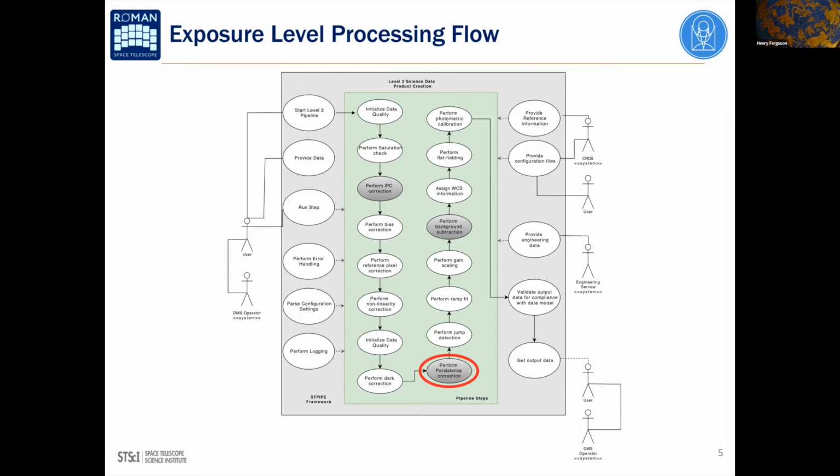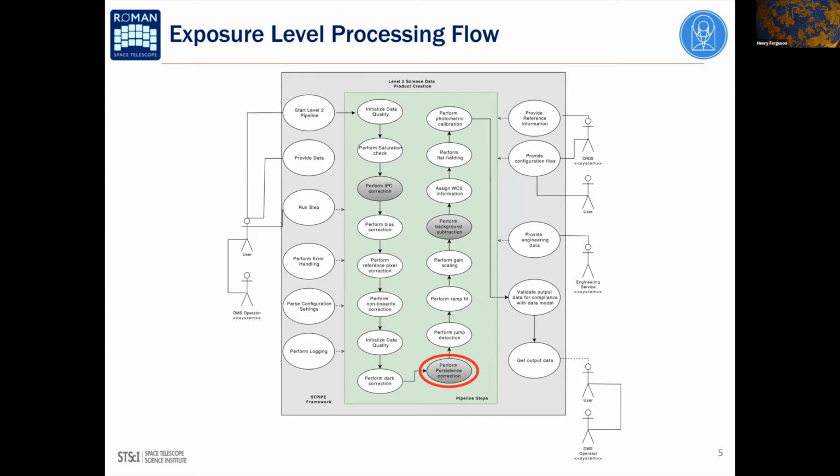Right now our plan doesn't include persistence correction. We are thinking of being able to flag persistence as a flag rather than a correction, but the details there haven't been worked out. So that might matter for people interested in very faint transients.